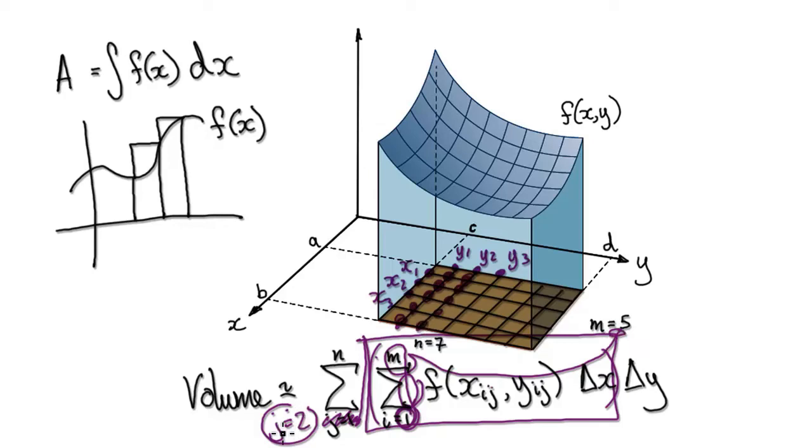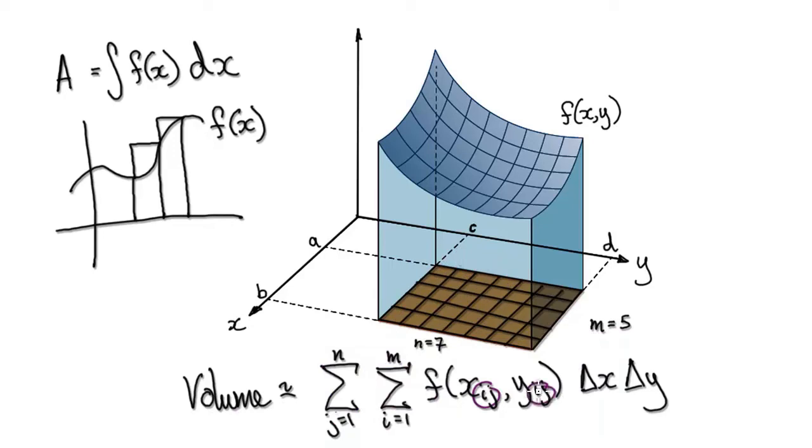And then j gets incremented again by 1, so j equals 3. So now you're looking at this line here. When i is 1, it will be here, gets incremented again, and so on. So you can see this summation here is really a counting mechanism for you to scan through all your areas. Just bear in mind that this subscript here is just a location.